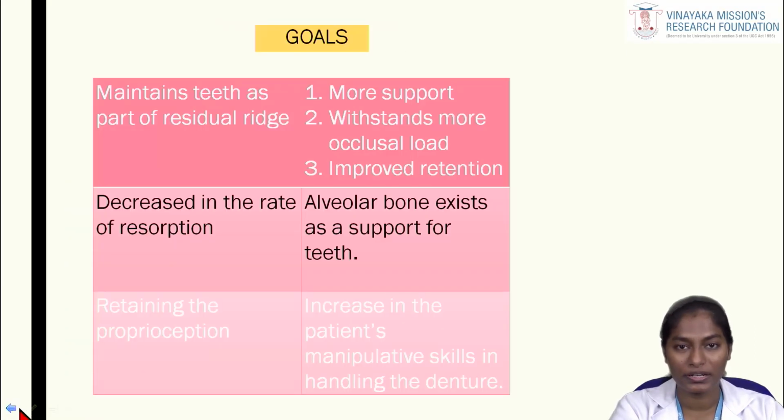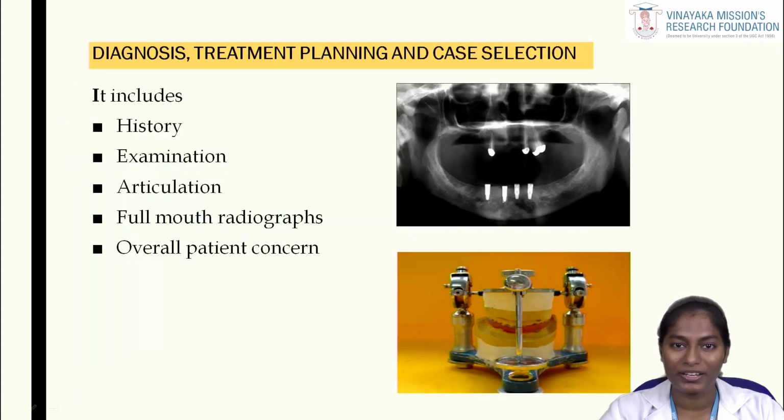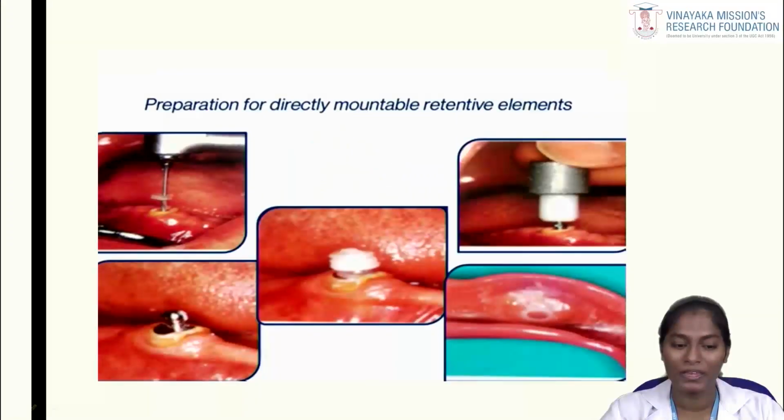Then the indications, contraindications of overdenture, advantages and disadvantages, then diagnosis, treatment planning and case selection, and the steps in fabrication of overdenture until insertion. So I hope the students are able to get the basics about overdenture.